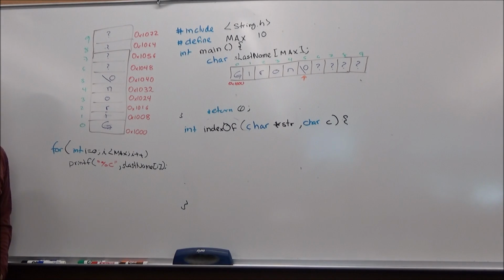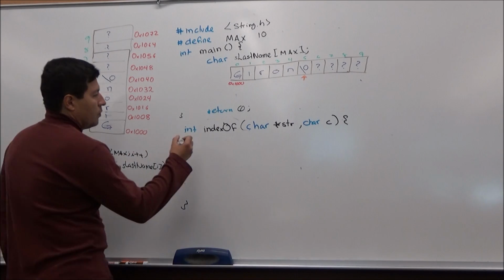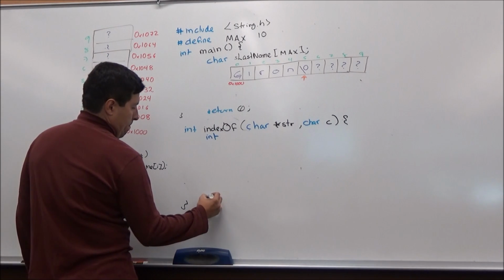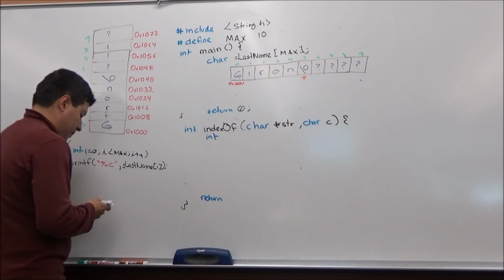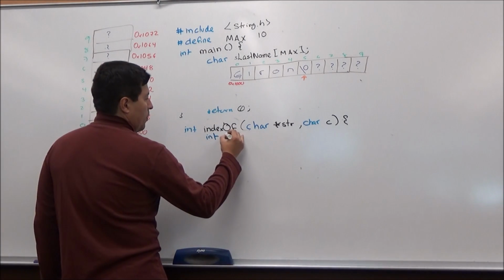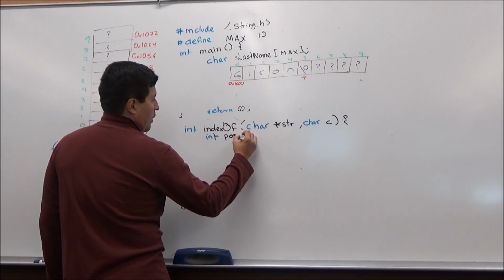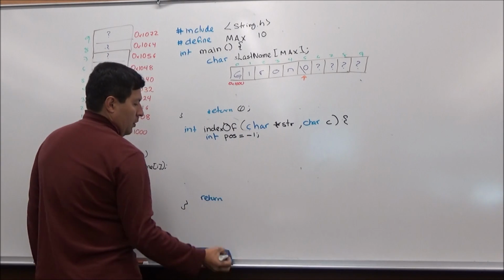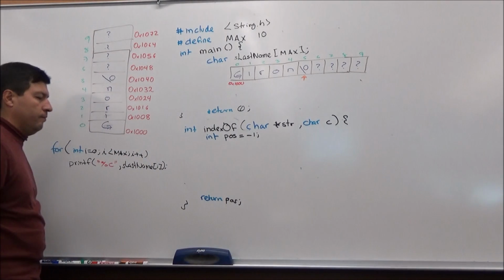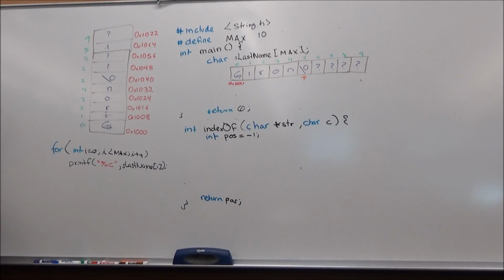We'll try later trying to find the W. So I'm gonna declare a variable, call it position. I'm gonna initialize it to -1, and I'm gonna return that variable. I know there's no negative indexes.